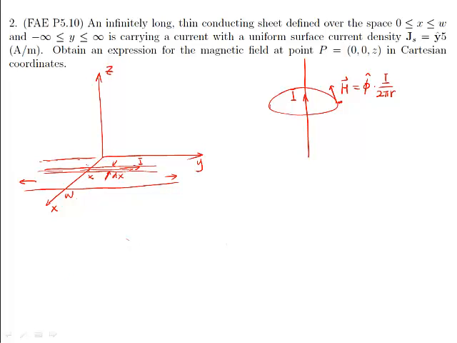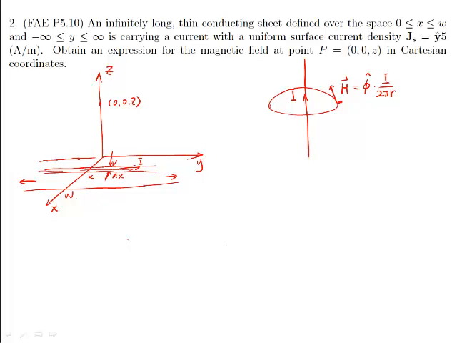So what we need to do is pick one of them, which is a very thin line current, and find out the magnetic field intensity at this point due to this line current. So instead of doing a small segment on the surface, we pick an infinitely long strip of current.